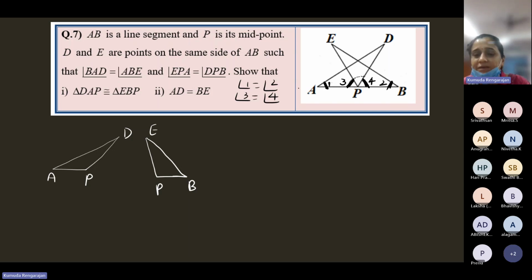If you add this portion to this angle 3, then that will be angle DPA. This angle DPA is 3, and let me call this other angle 5. So this angle DPA is 3 and 5 together.